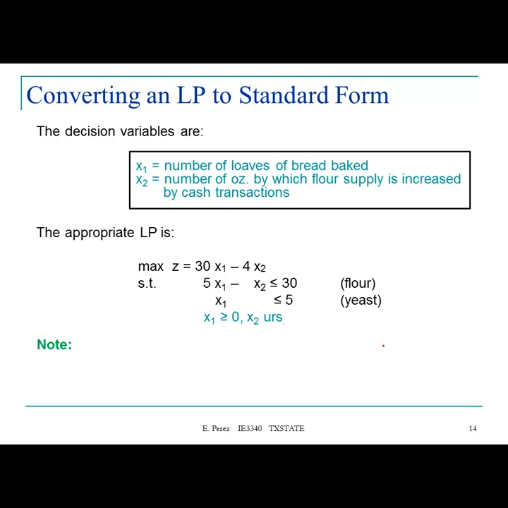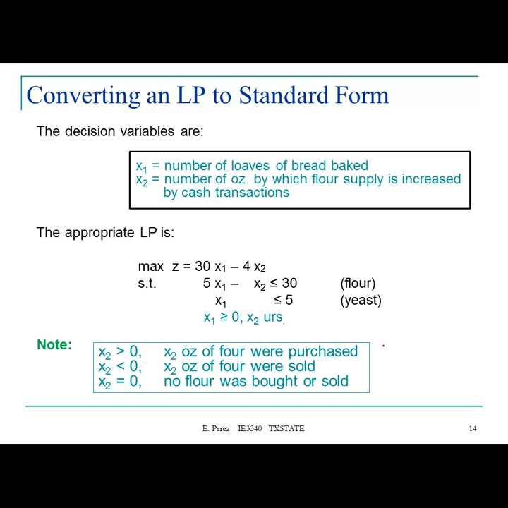Okay? So, as a note, we have here X2 will be greater than 0 if you purchase this raw material. And it does make sense here, right? If you buy, that X2 is going to be positive and it's going to subtract from your revenue because you're spending, you're buying material.